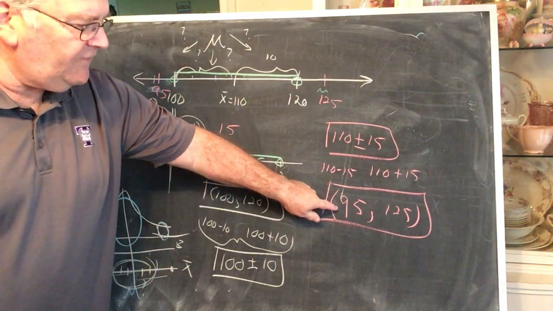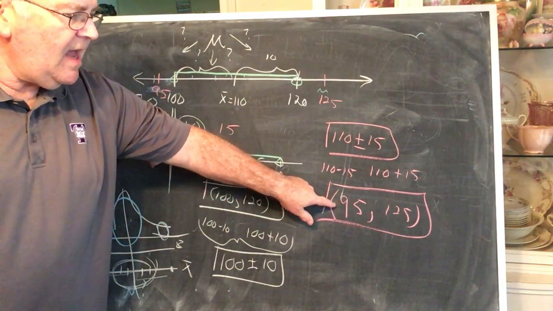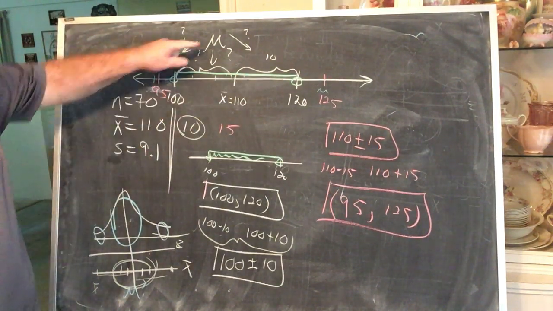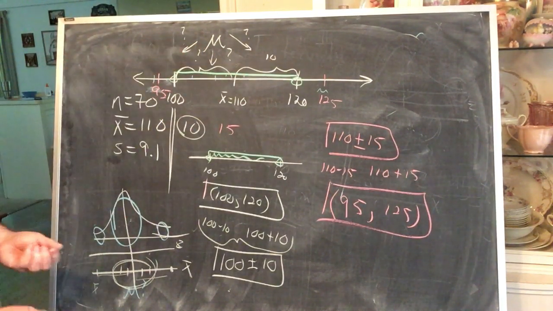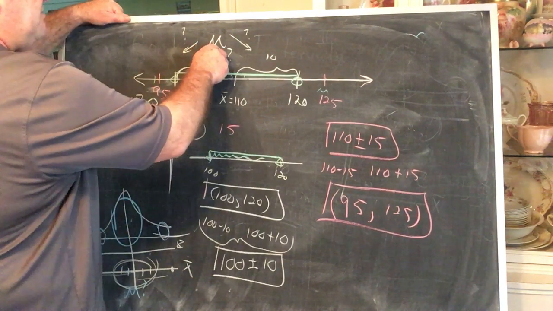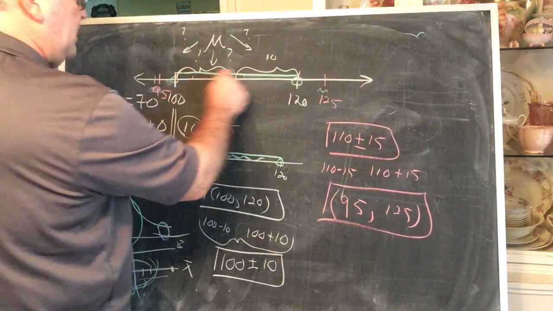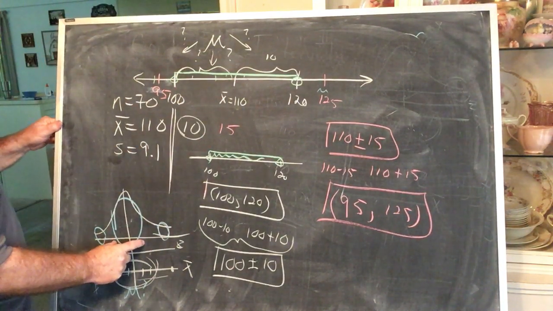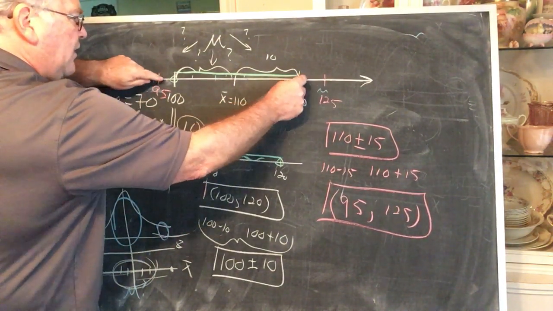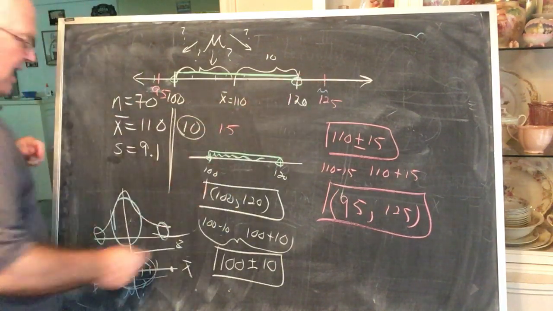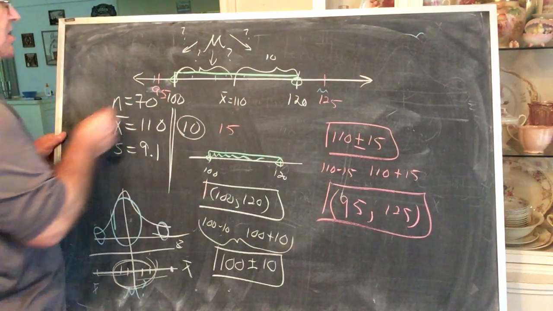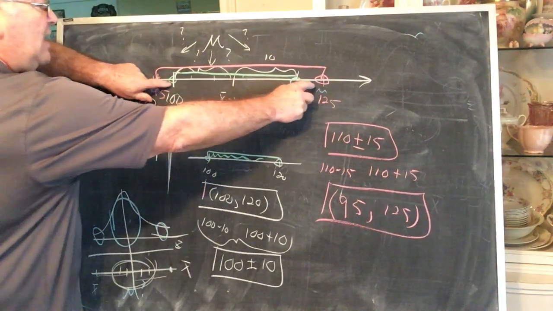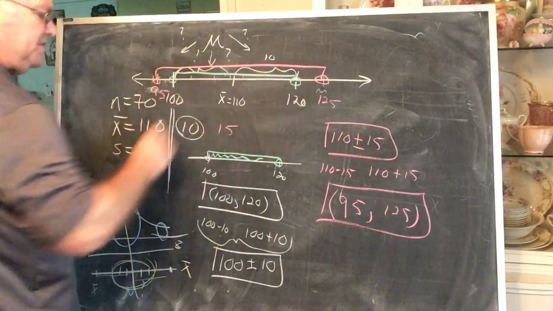This is an interval of the number line, and we say it has a high probability of containing the population mean mu. It could be that the population mean mu falls somewhere in this green region, and that is the high probability region. Now look, the further out we go, the larger we've made this target. The red region goes all the way from here all the way up to here. There is a higher probability that mu falls in the red region.